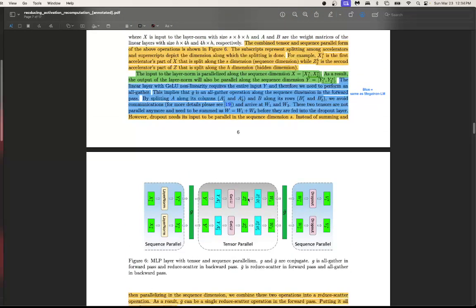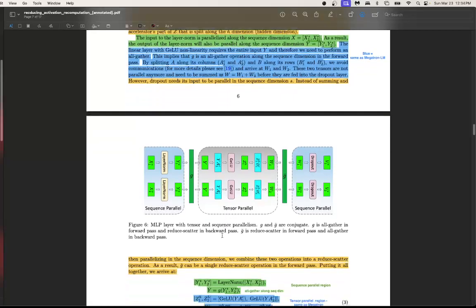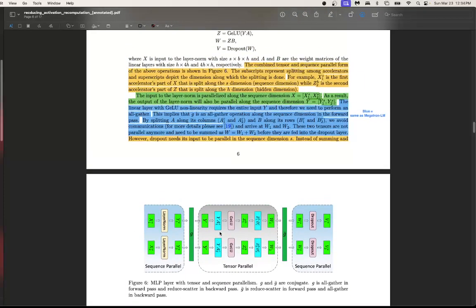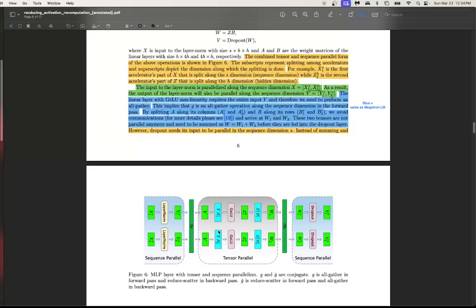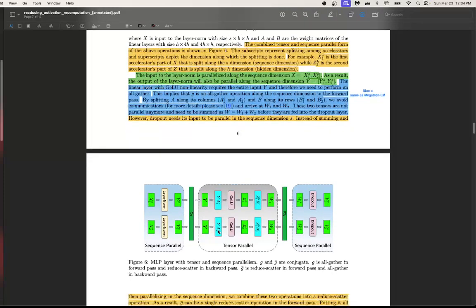So instead of doing an all reduce, which is what's done in tensor parallel, you're basically just decomposing the all reduce into a reduce scatter and an all gather. You're just decomposing it into two collectives, which overall should have the same amount of communication overhead, right? So that's an interesting under the hood implementation detail that these authors were aware of that allowed them to figure out this approach, basically.